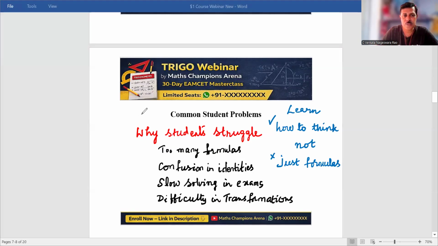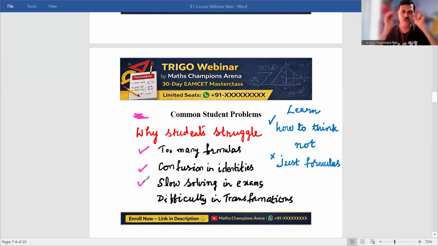What are the common problems students are facing? Why are students struggling? Too many formulas, starting from sine square theta plus cos square theta is equal to 1. How to interlink those formulas, how to correlate them, confusion in the identities, slow solving in exams. We are accustomed to solving in intermediate, and our pace should tune up.